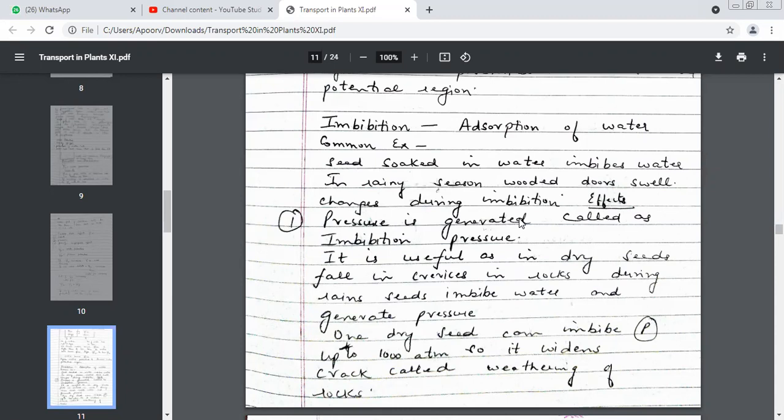Speak out. Tell me what is imbibition, children? Tell me very quickly what is imbibition. Adsorption of water. It is not absorption. Please speak out. It is not absorption. It is adsorption. Okay?